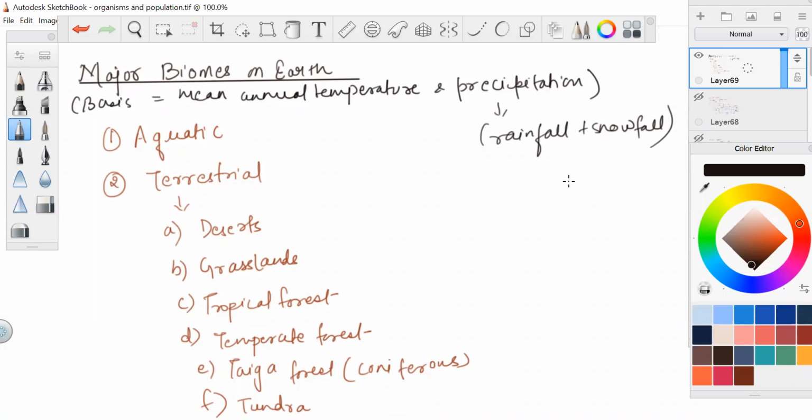I'll describe all the biomes. Aquatic, you will see at the coastal areas.